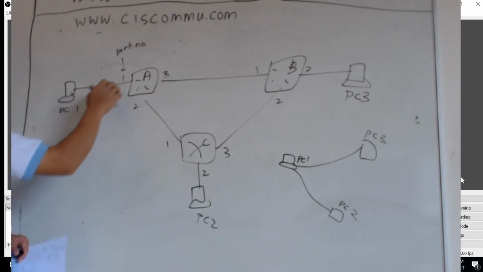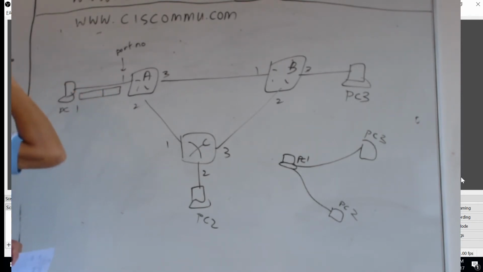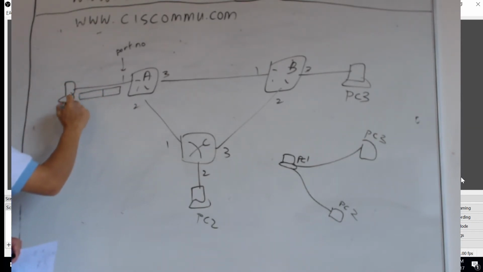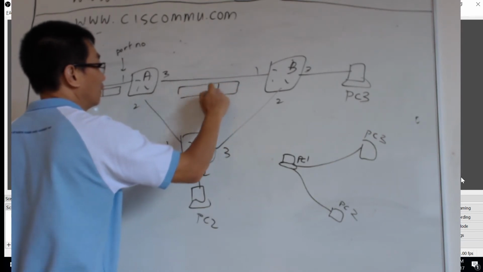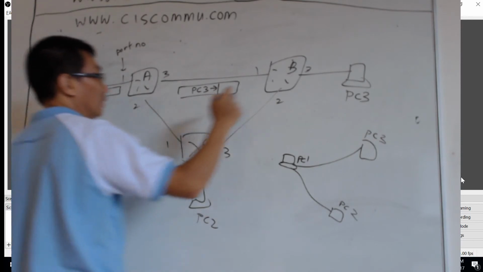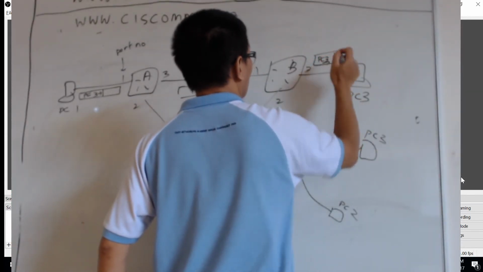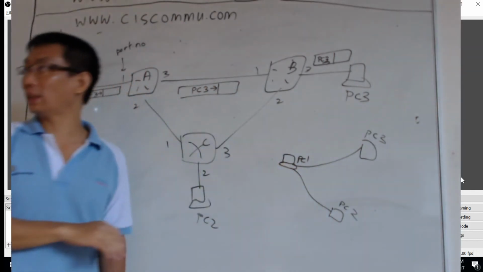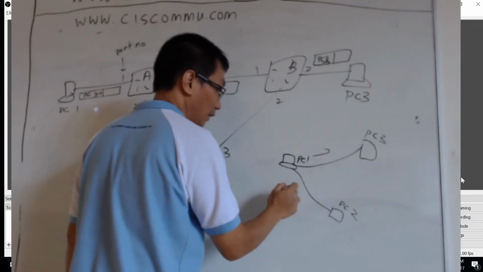So when you send the data, this one is to PC3, okay? And go to here, PC3, okay? Assume that only PC1 is sending, okay?